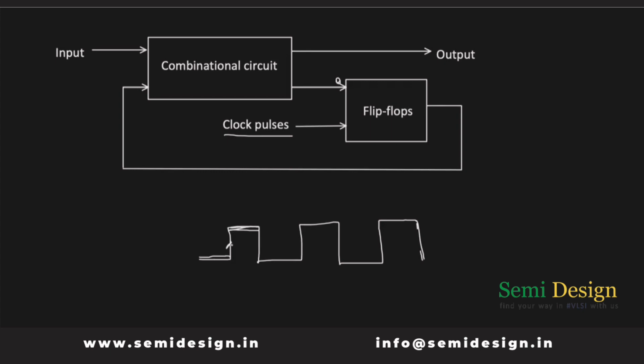Consider a positive edge trigger: every time a positive edge arises, it will trigger the flip-flop to change its state according to the input. So at each clock pulse, from here to here, we will get a single input and a single output.